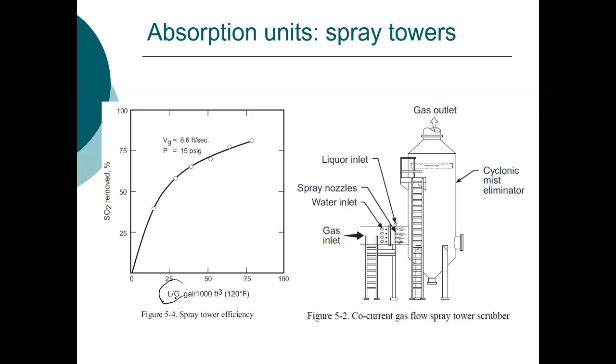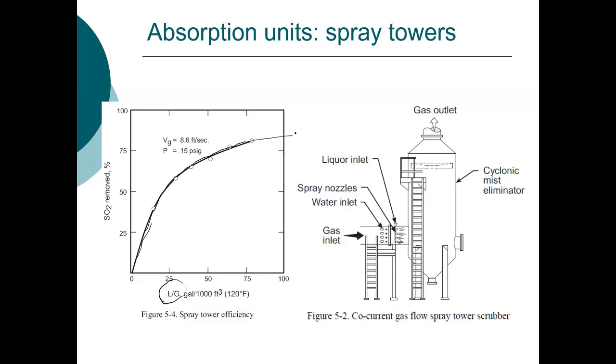And you can see that as we increase the ratio, the liquid flow rate to the gas flow rate, our removal efficiency increases, and eventually will actually asymptote out. So there's a point of diminishing returns.